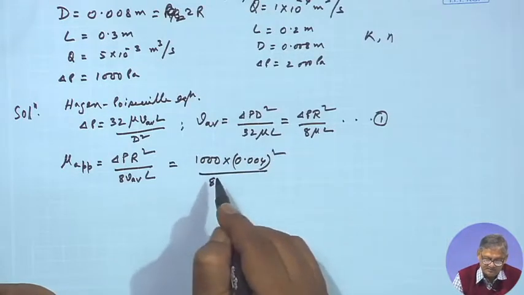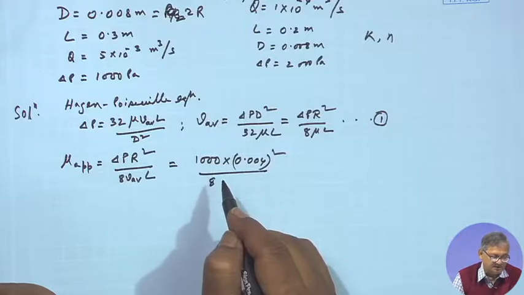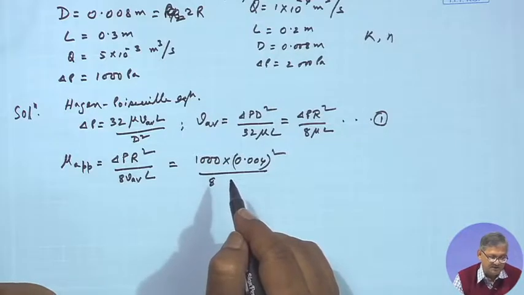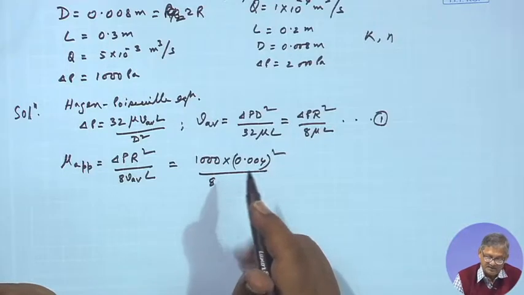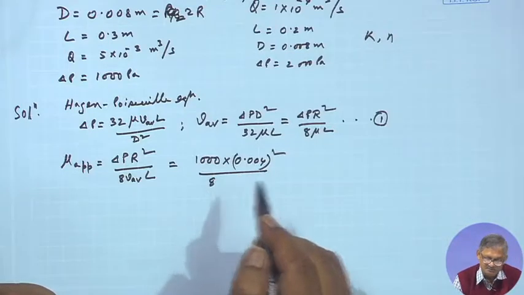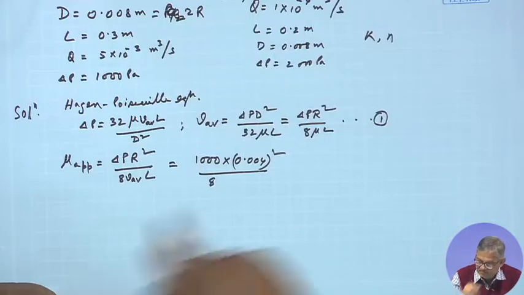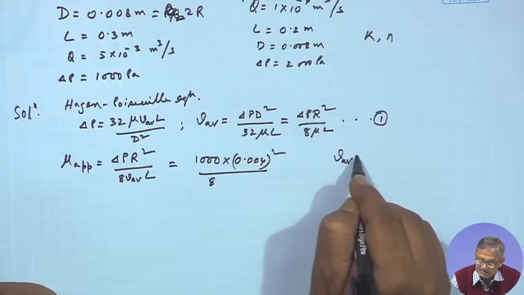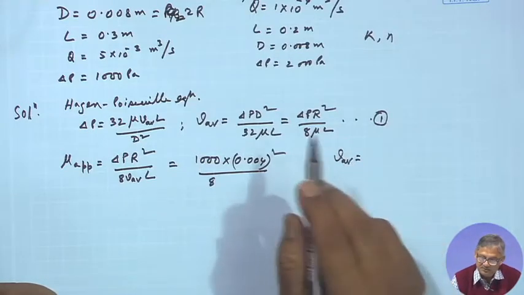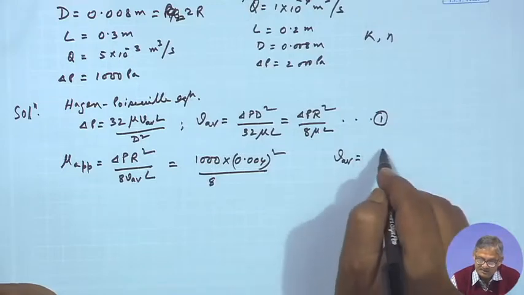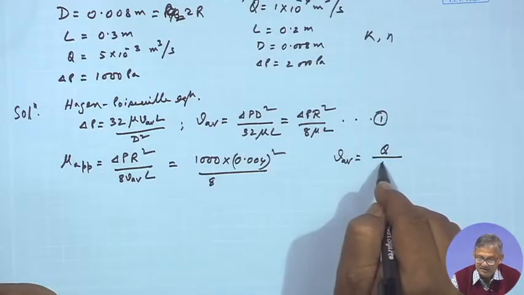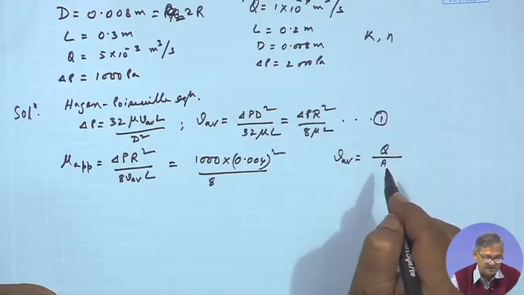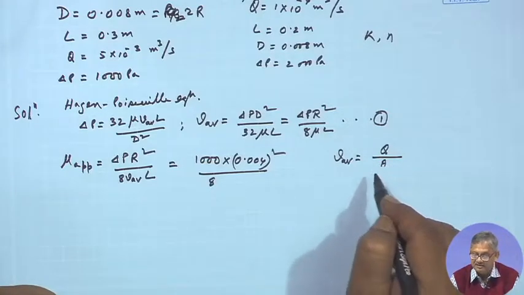Now, V average can be found out from the flow rate that has been given. V average is equal to Q over the cross sectional area, right.